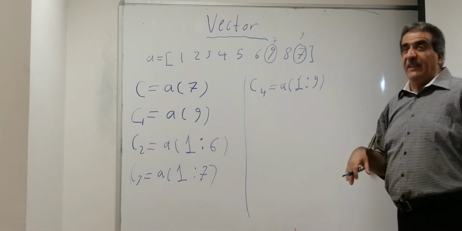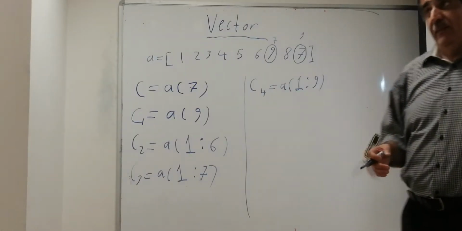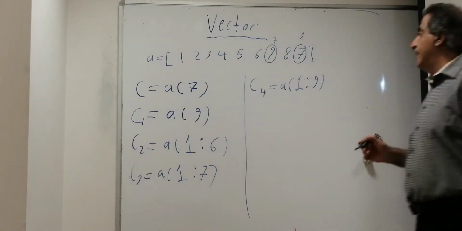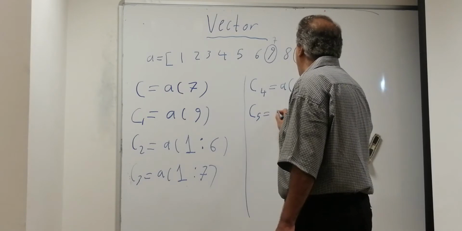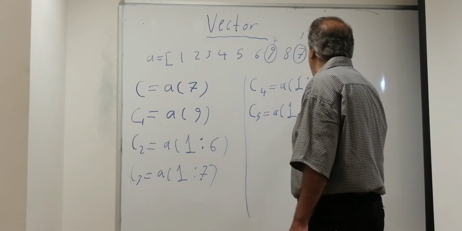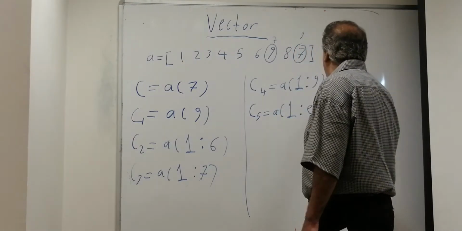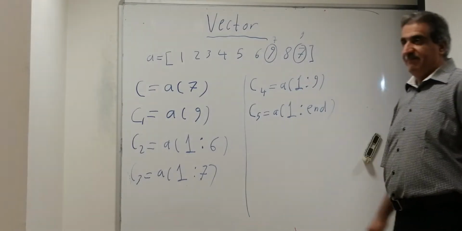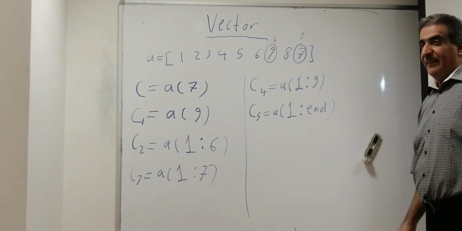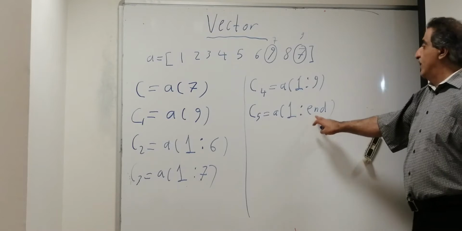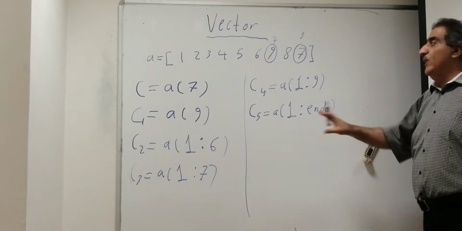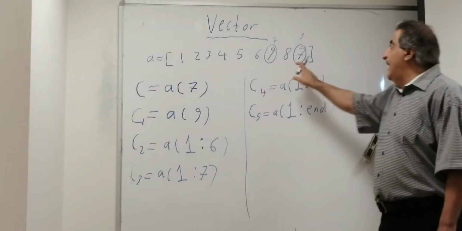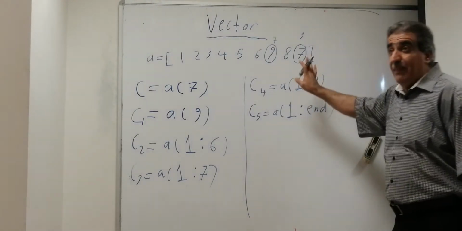There is another technique. If I have a lot of numbers, like a million numbers, I can call all of them by this command. C5 equal A(1:n), where n is a small letter. So this will call the numbers from 1 until n. I need to call all the numbers except the last one.